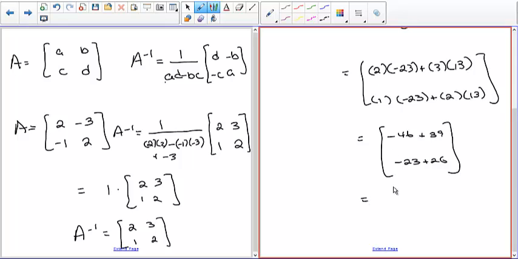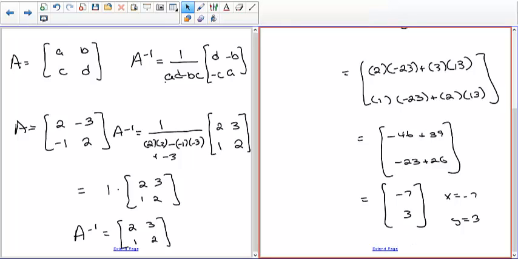Get rid of parentheses. Negative 46 plus 39 is negative 7. Negative 23 plus 26 is positive 3. So you get that. That's your solution matrix. So x equals negative 7, y equals 3, which is exactly what we got using the other methods, using the augmented matrix. So those are the 4 methods.